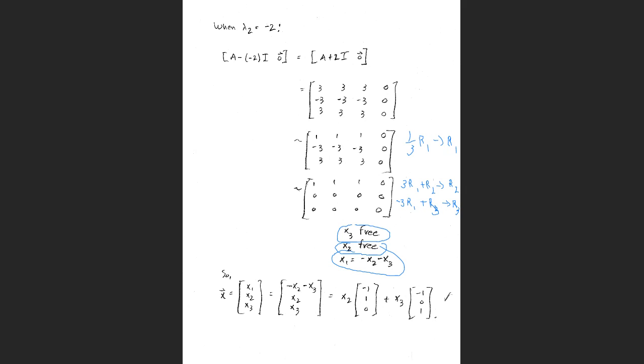I go ahead and write my eigenvector in parametric vector form. Remember, x is an eigenvector. I want to be a little careful how I say that. It's a linear combination of eigenvectors. So we get the vector x equals x2 times v1, where v1 is -1, 1, 0, plus x3 times v2, where v2 is -1, 0, 1.